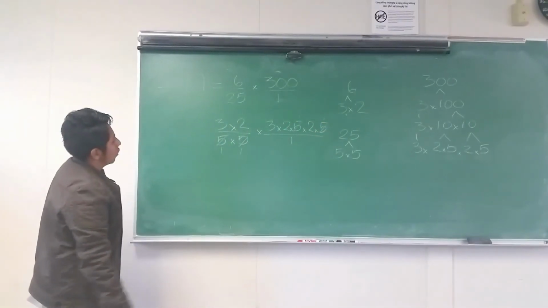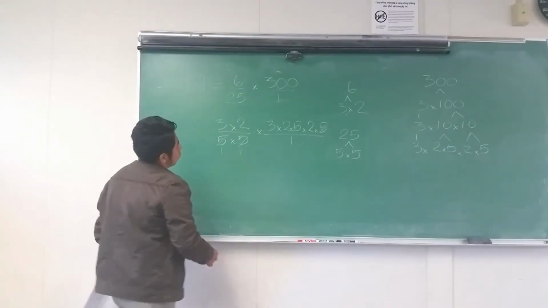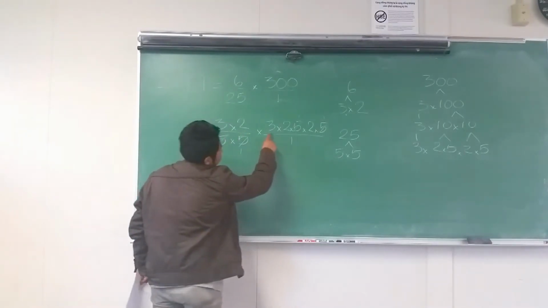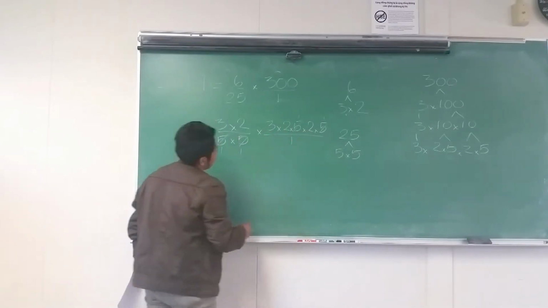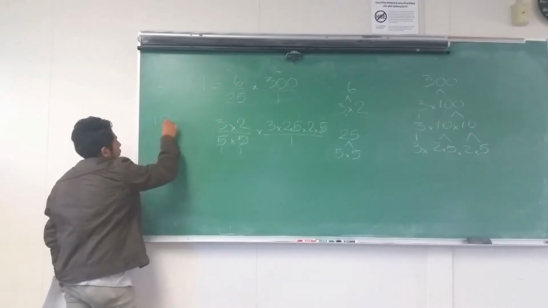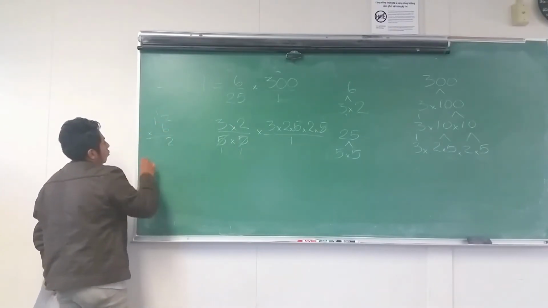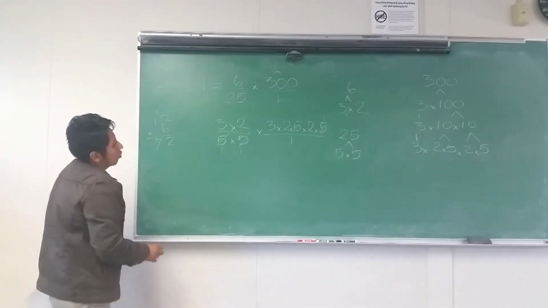What are we left with? Initially we had 3 times 2, which is 6, times 3 times 2 times 2, which is 12. So we have 6 times 12. What is 6 times 12? 6 times 2 is 12, 6 times 1 is 6, plus 1 is 7. So it will be 72.